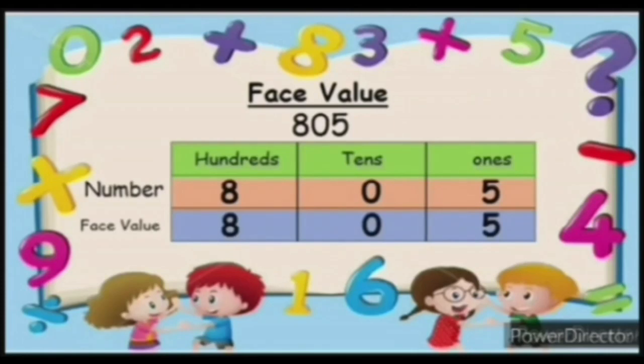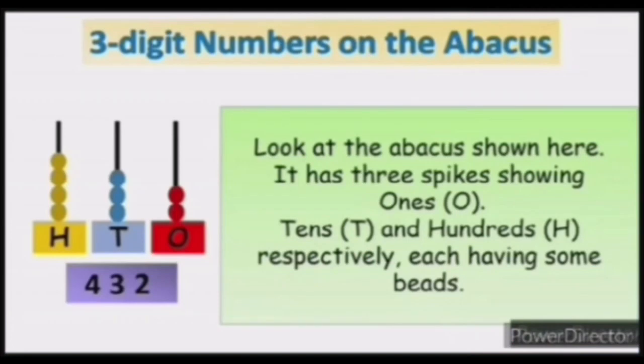Next, we can learn 3-digit numbers on the abacus. Look at the abacus shown here. It has 3 spikes showing ones, tens and hundreds respectively, each having some beads.